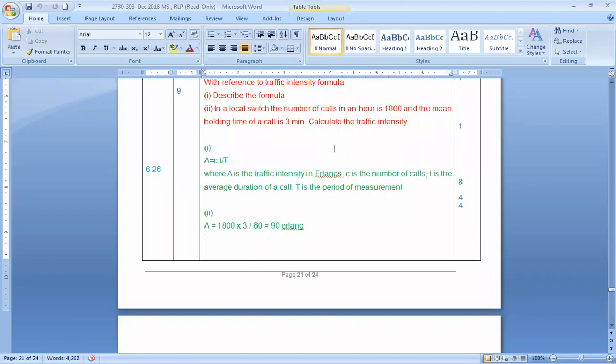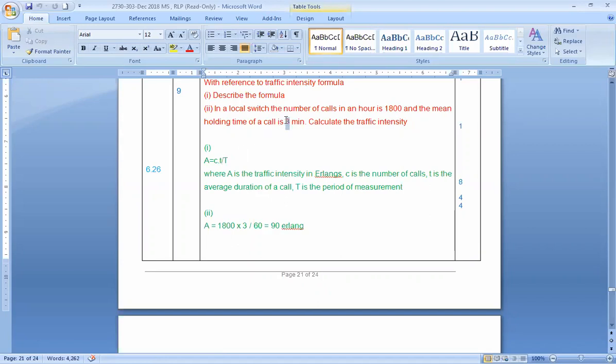It's a simple one, right? So A is equal to C into T by T. C is the number of calls, so I bring this 1800 down. And you can find T here. T is nothing but the hold time.